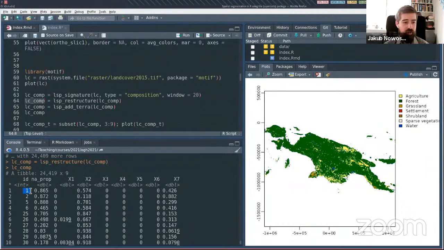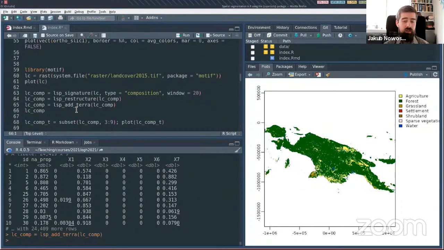So for example, for the first window, 87% of its cells are missing, but from the rest, we can see that about 57% is forest, the second category, and the rest, 42%, is water. And finally, we can add spatial information.